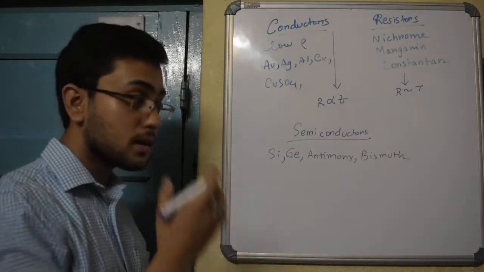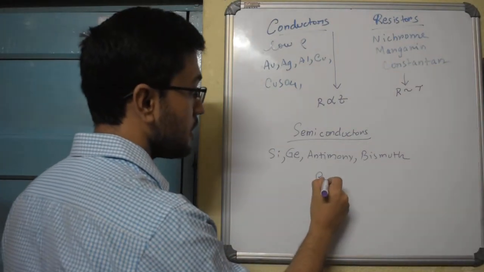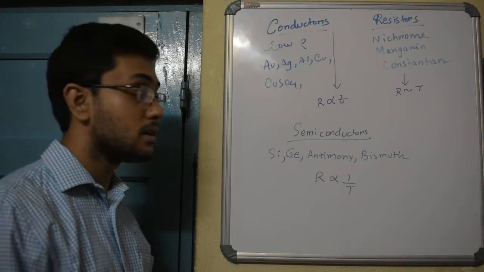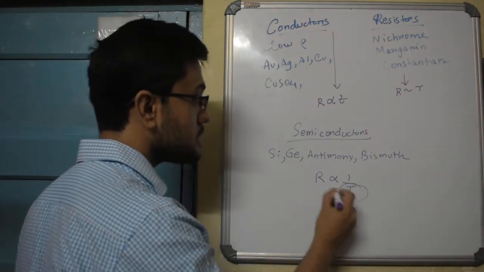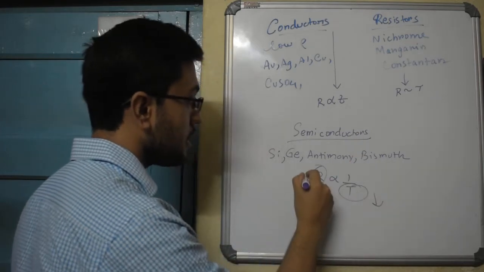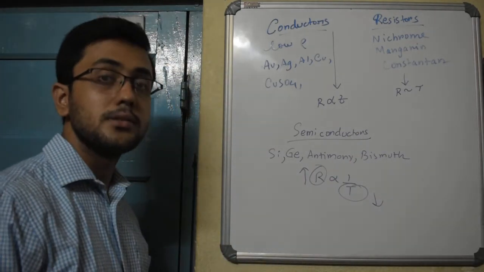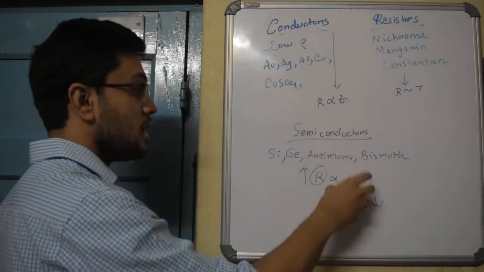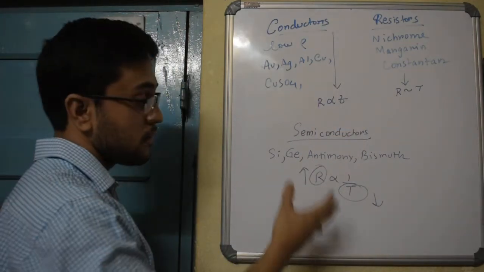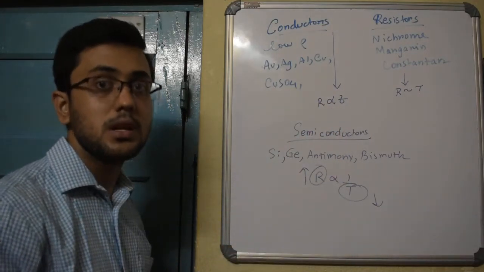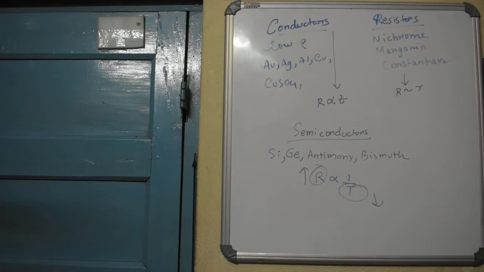So semiconductors have this amazing relation with temperature. They are inversely related. If you increase the temperature, their resistance decreases, and if you decrease the temperature, their resistance increases. So semiconductors act better as conductors if the temperature is very low, and if the temperature is high, their resistance is very low and they act almost like insulators.